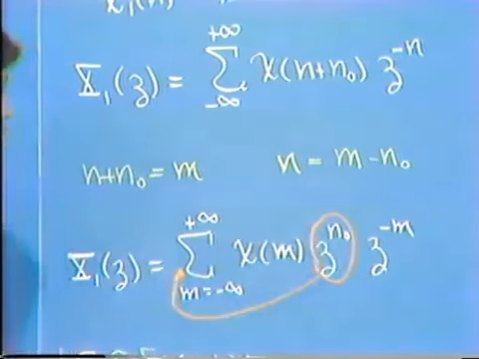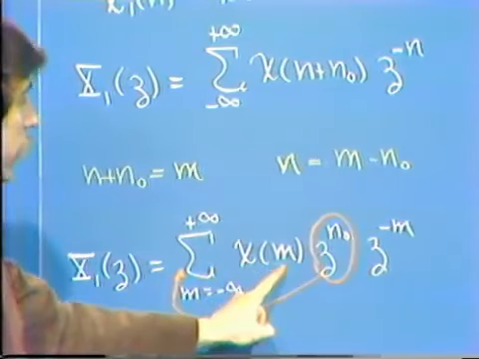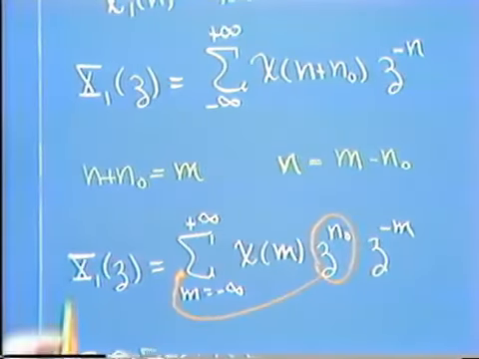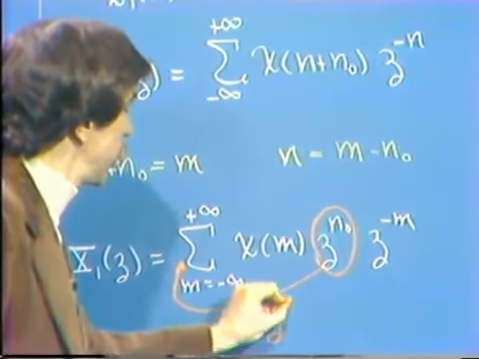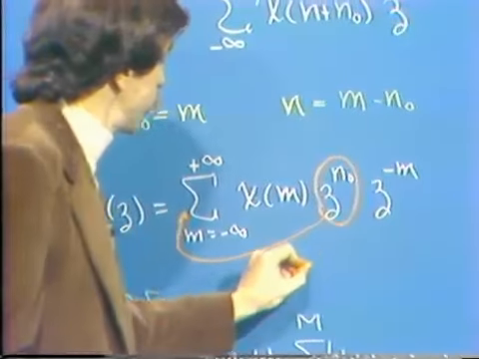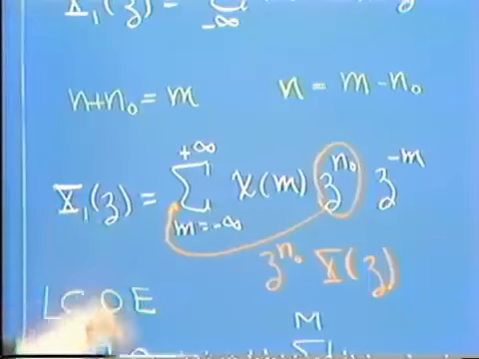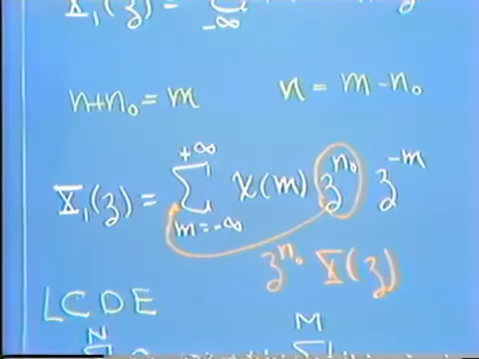That comes outside the sum, and what's left then is the sum of x of m, z to the minus m, which is just X of z. So consequently, what we end up with is that X1 of z is z to the n0 times X of z, which is, of course, the way I advertised.